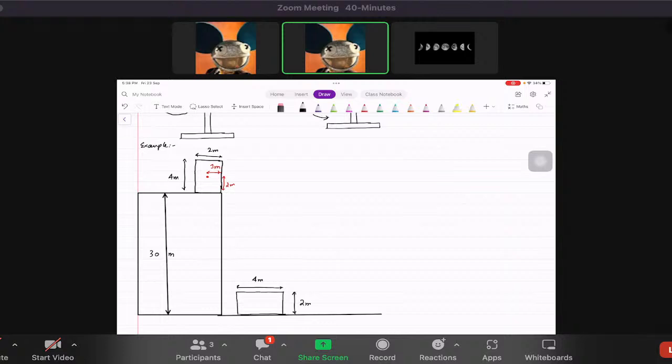Now, first of all, they ask what is the height of the center of gravity after falling to the ground?